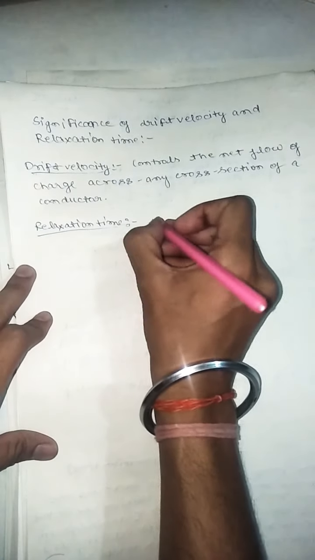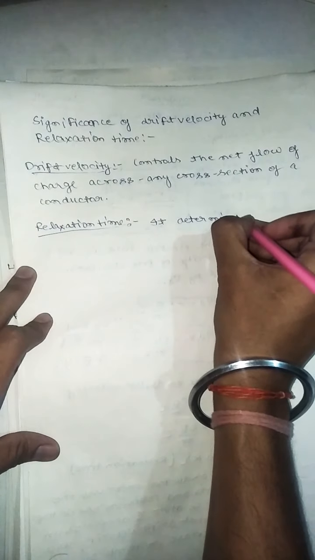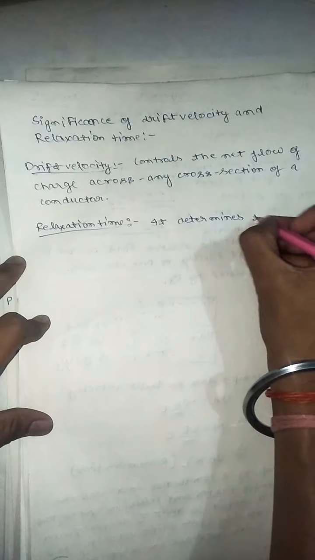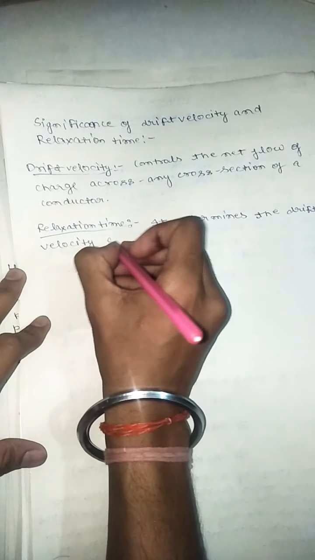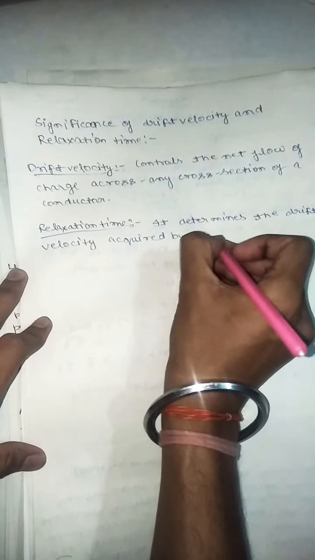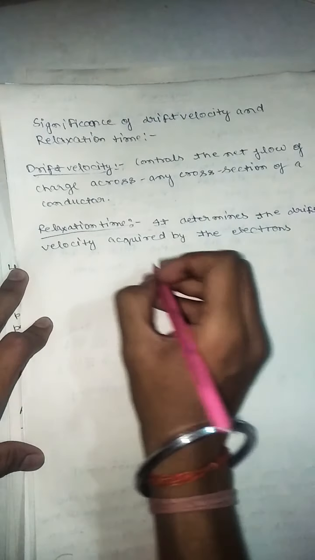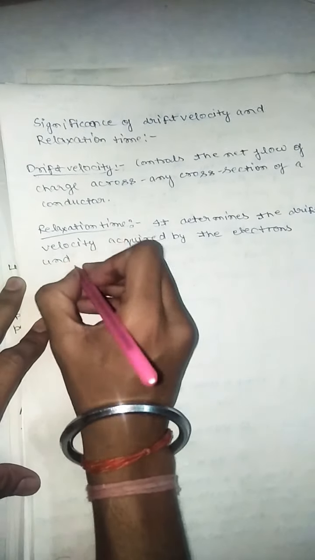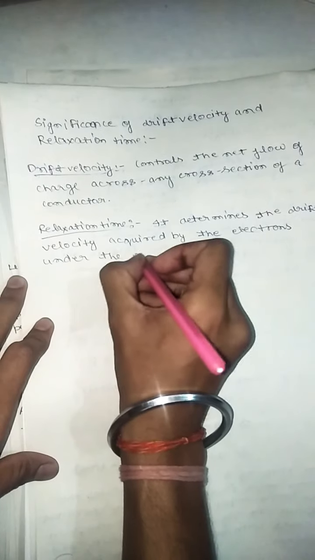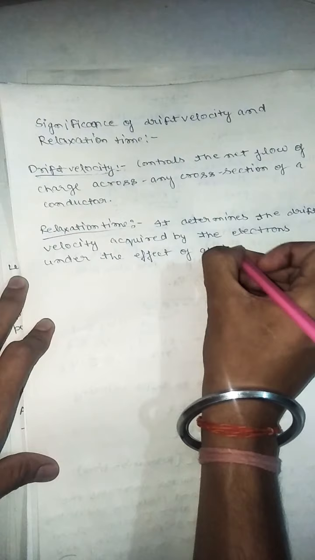It determines the drift velocity acquired by the electrons under the effect of the applied electric field.